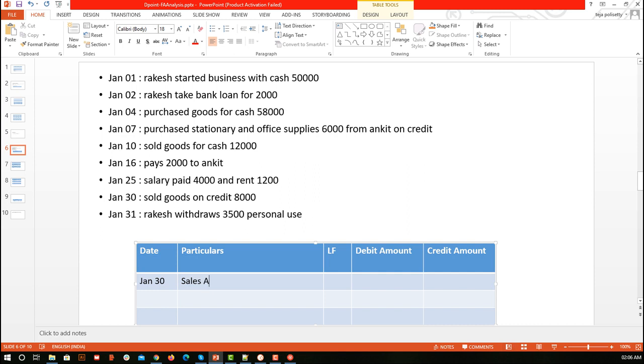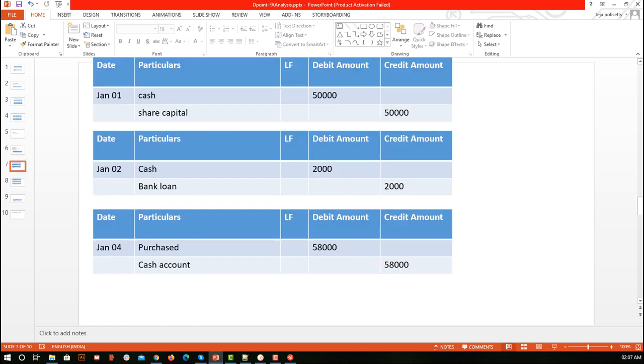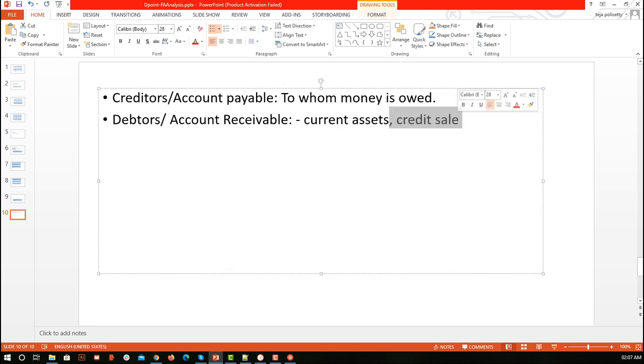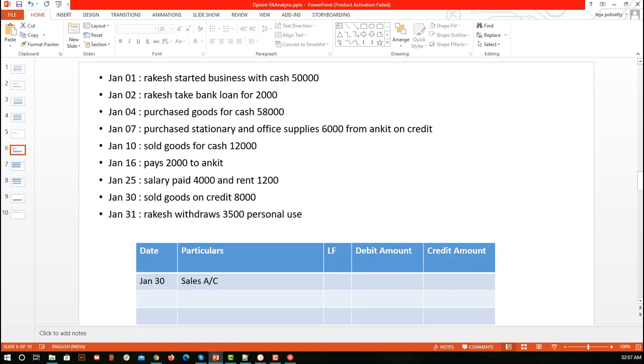Sales account. And what is the other thing? Credit 8,000 means we have something called a credit sale. A credit sale is nothing but accounts receivable, or we can write debtors. So we are going to write that as of now. So we have debtors. What is happening: sales account 8,000 is gone.